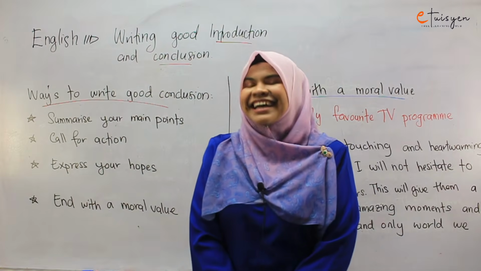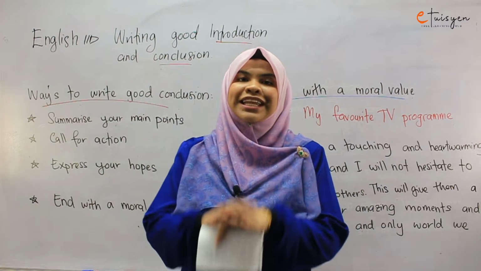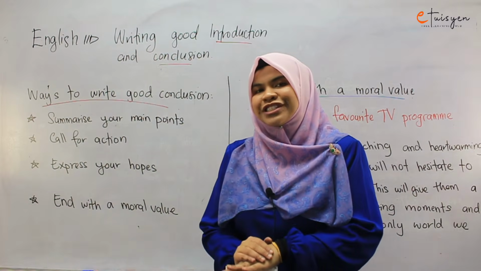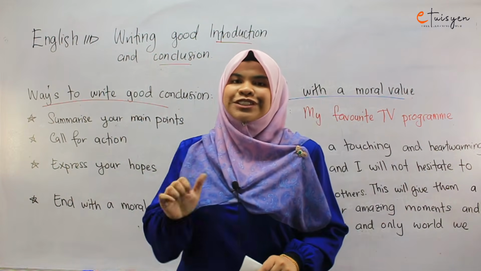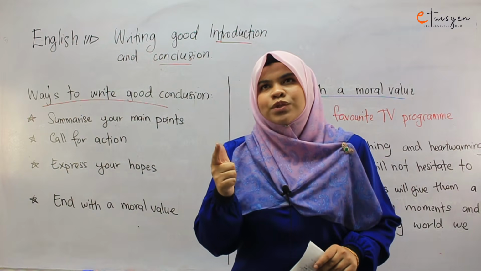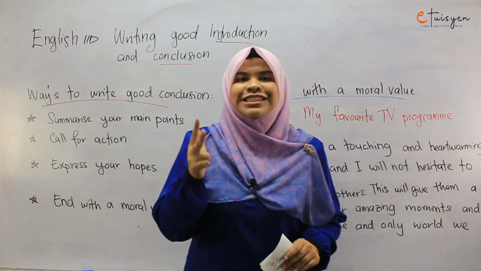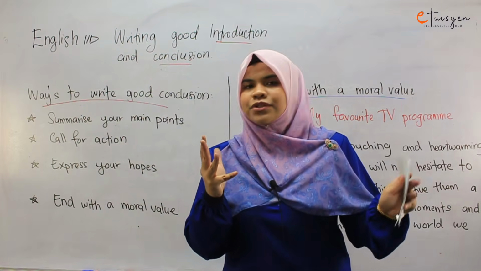Alrighty, we're done. So by now you should know how to write a good introduction and also a good conclusion. I've shared five ways to write a good introduction. The first one is using an anecdote, the second one is using a dialogue, and the third one is using a startling fact.